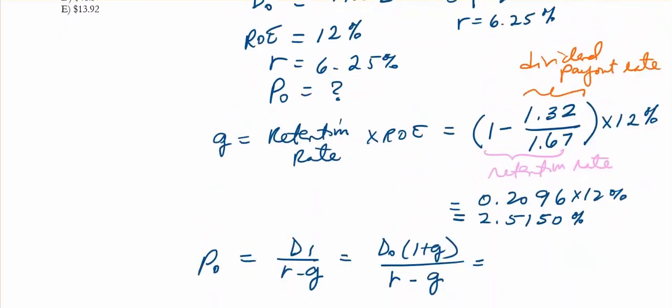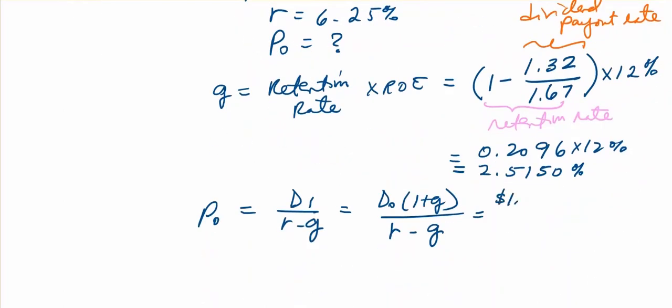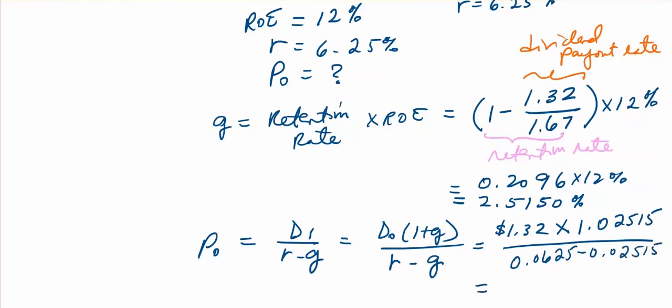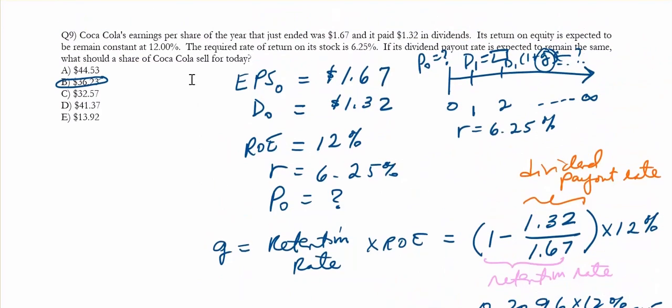So the year zero dividend is $1.32 times 1.02515 divided by 0.0625 minus 0.02515. When I put that into my calculator, I will get $36.23, which is the answer that we see there. B.